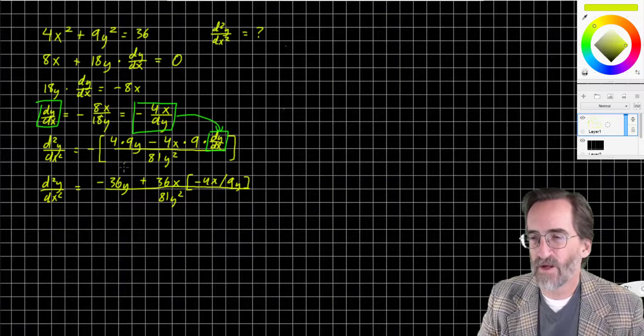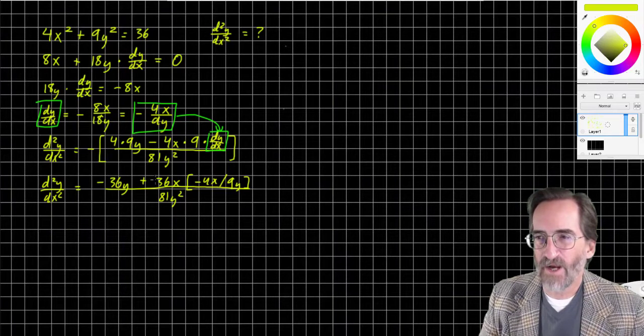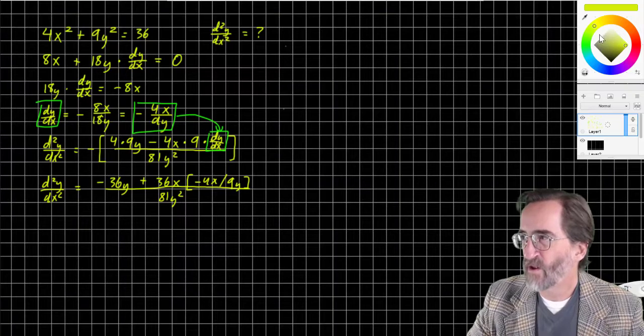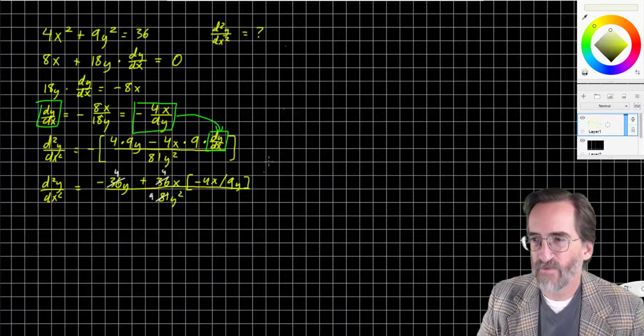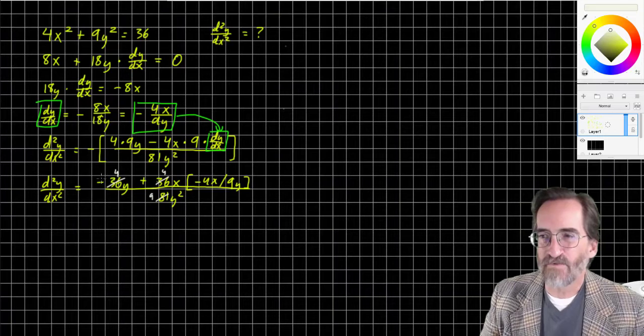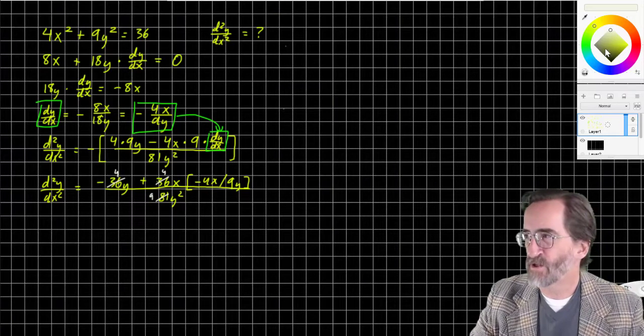Right here, I can factor a 9 out of the 36s and the 81. That's 4 times 9, and that's 9 times 9. So just factoring and canceling a 9.